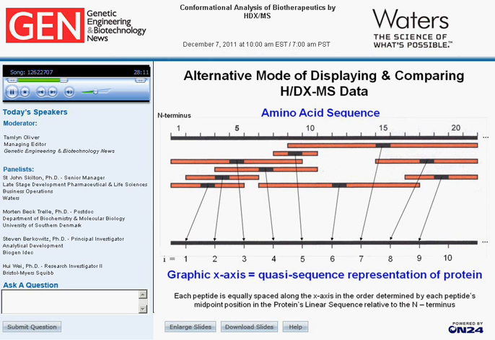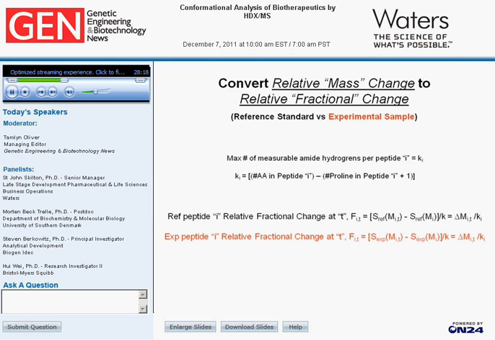So now we have these mass changes for each peptide, and we want to convert those to fractional, and that turns out to be rather more informative to get an idea of what's going on, since some of these peptides are short, some of them are long, and without normalizing that, we can't really get a good perspective of whether it's entirely exchanged or very little exchanged.